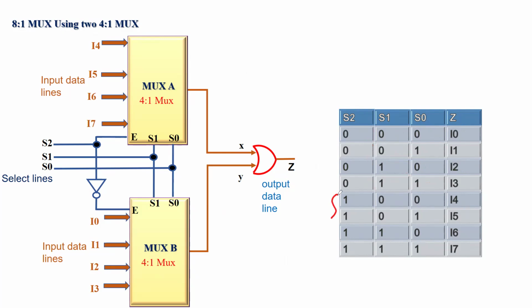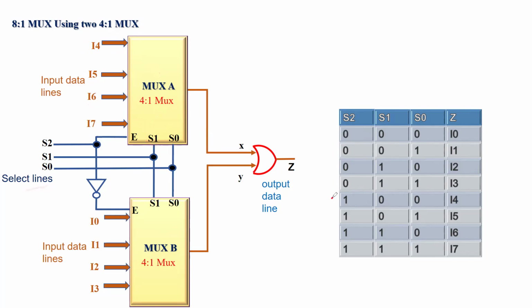Finally, if you look at the final 4 rows, you make S2 equal to 1, the enable receives logic 1, turning this chip on, and this chip turns off. Again, when this is on, whether I4 gets transferred to the output or I5 or I6 or I7 depends on the combination of logic inputs for the select lines you have.